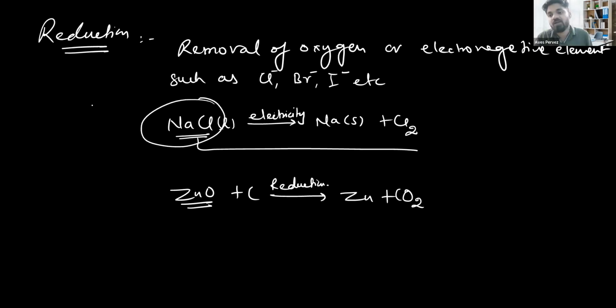Let me explain further. Here are the metals; I'm just writing the series. This is potassium, then sodium, then calcium, then magnesium, then aluminium, then chromium and manganese, and then carbon. I'm writing only C for carbon.